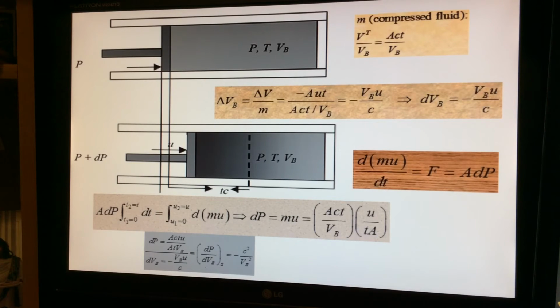But experiment didn't actually support the notion that sound propagation was an isothermal process. It turned out that the sound wave causes some oscillations in the pressure, but the oscillations are fast enough that heat cannot be transferred from the compressed region to the uncompressed region in order to keep the temperature constant.